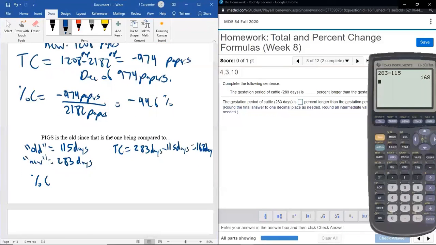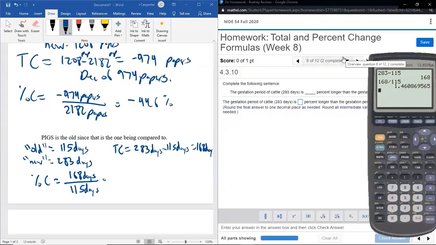So our percent change should be the ratio of the total change to the original, so 168 days in comparison to the 115 days. So we do 168 divided by 115, and we get 1.46.